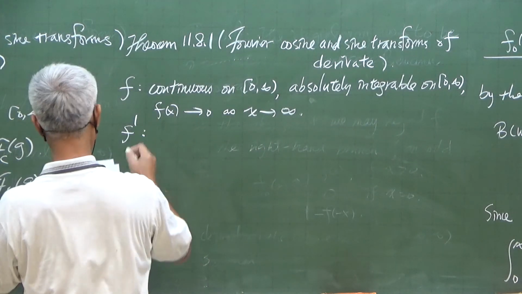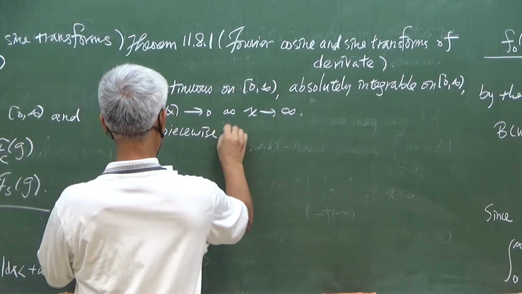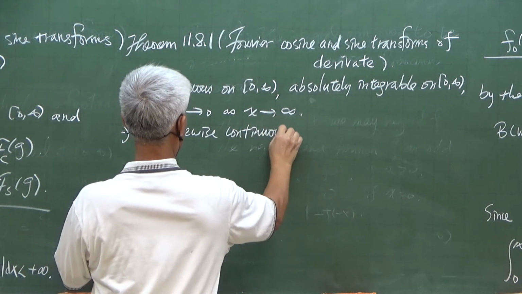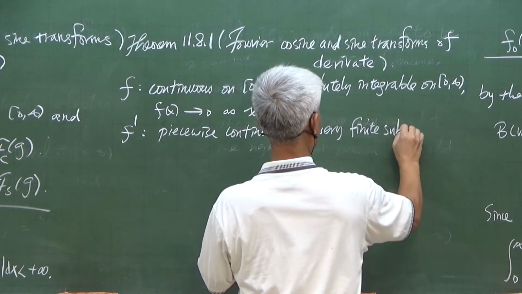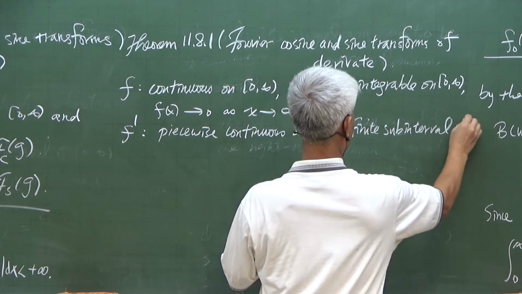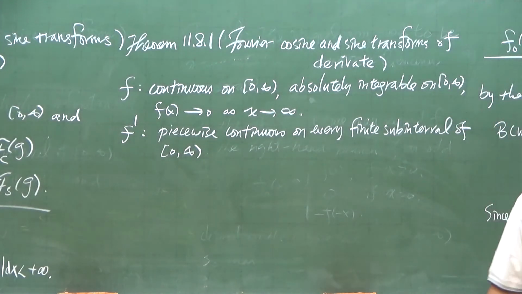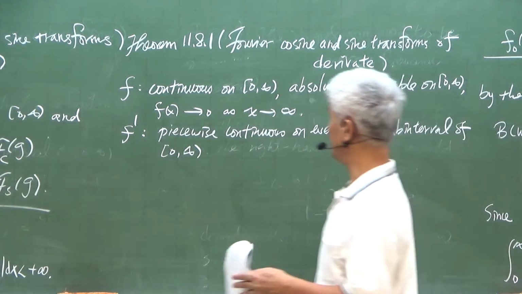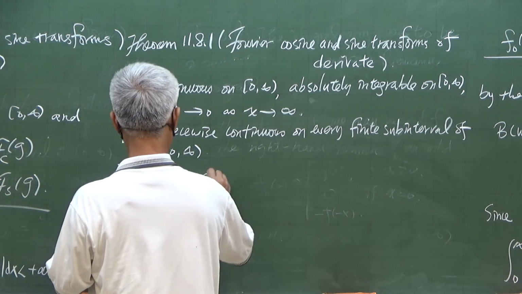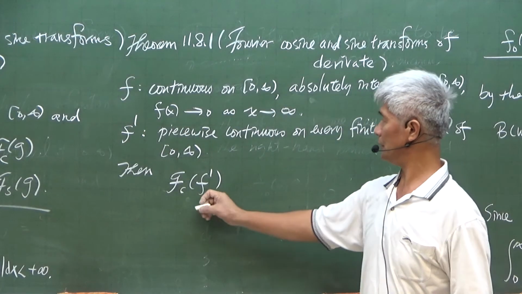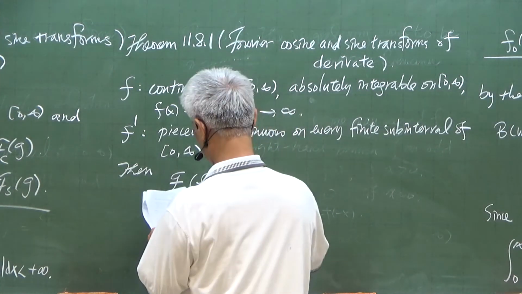And how about its derivative? The derivative is piecewise continuous on every finite subinterval of the semi-infinite interval. Then we have the conclusion that we can find the Fourier cosine transform of the derivative by using the following formula.